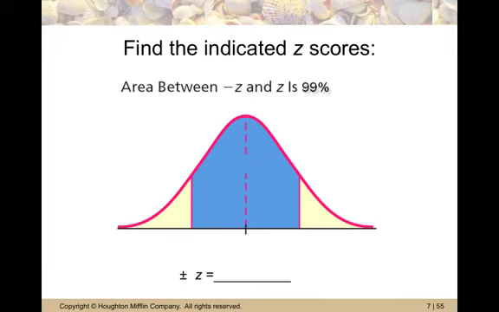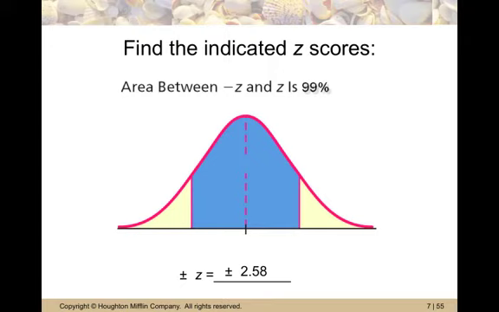All right, we want the area between negative z and positive z to be 99%. So that gives us 1% or 0.01 in both tails. Divide that by 2 and you get 0.005. You find 0.0050 in the table, or the closest entry to that, and you get negative 2.58.